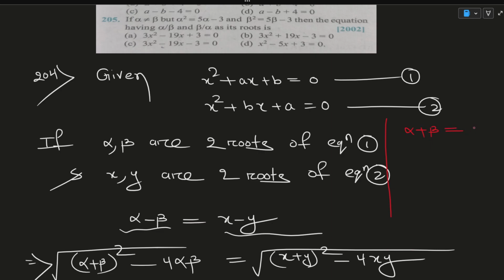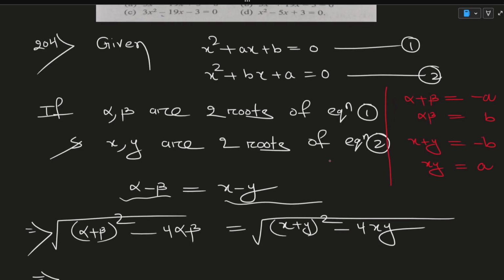Minus b by a. Here minus b is a, so it will be minus a. And alpha beta will be b. X plus y will be minus b, and xy will be a.